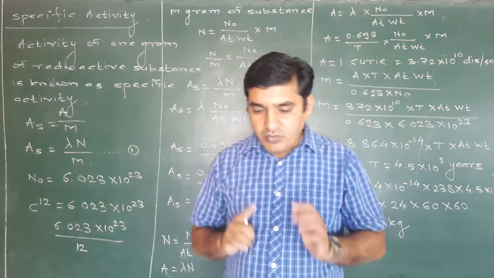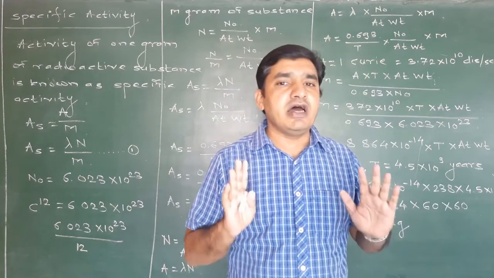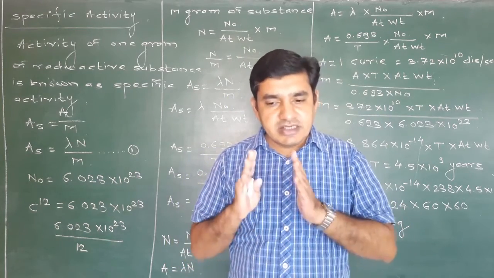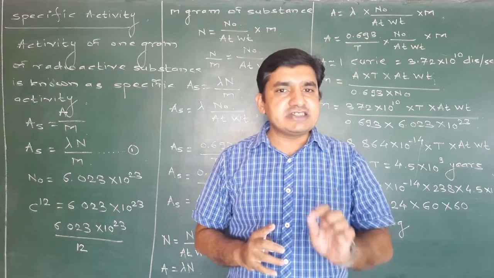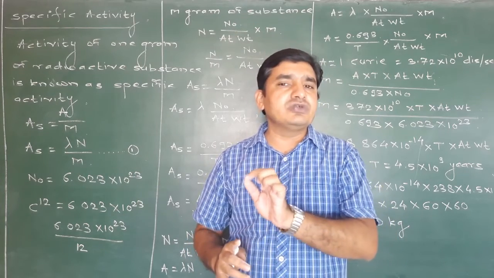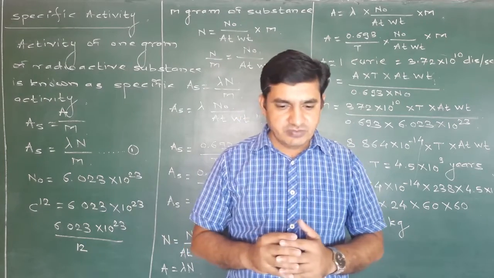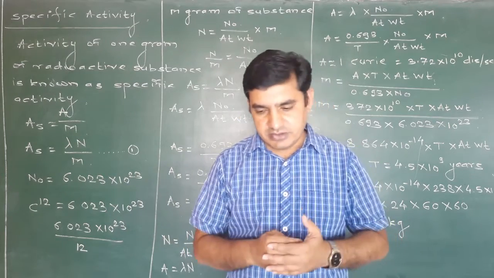Now 1 gram of hydrogen gas consists of 6.023 into 10 raised to 23 atoms, which is Avogadro's number.